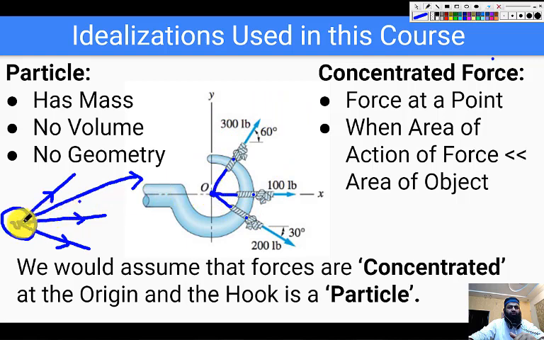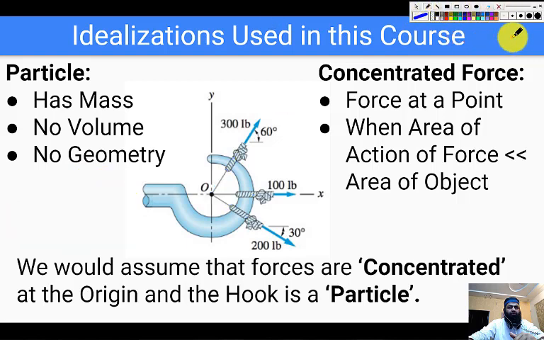Again, because this hook is so small that its geometry will not affect the overall picture of our problem. That is why we are able to make this generalization. We would be using these generalizations very often in this course, so you would get used to it, inshallah.